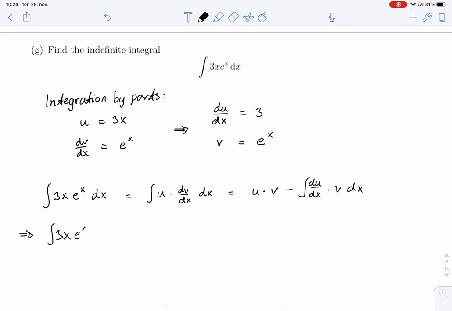So then I'll apply it. My u times v becomes 3x times e^x minus the integral of du/dx, which is 3, times my v, which is e^x.